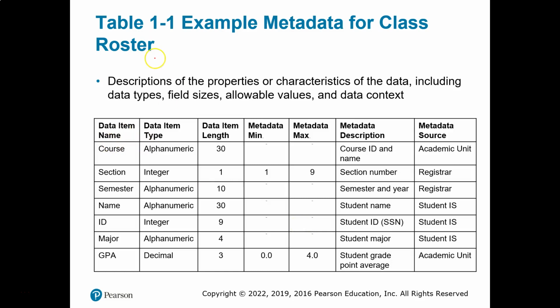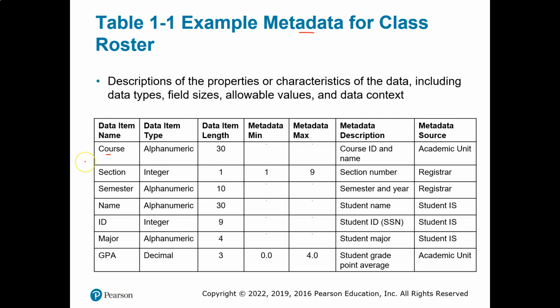So I described metadata a couple of minutes ago as data that describes your data, right? And as confusing as that definition might be, here it is. What's the metadata for my student database? Well, I've got field names. I might have table names in here.